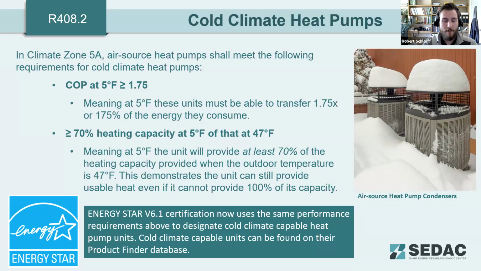So if we are in climate zone 5A, which would be Northern Illinois or Chicago, air source heat pumps shall meet the following requirements as cold climate heat pumps. So the unit must have a COP at 5 degrees. That 5 degrees is the exterior temperature. The unit must have a COP of equal or greater than 1.75. So this essentially means that if the outdoor temperature is 5 degrees, the unit must be able to transfer at least 1.75 times the amount of energy they consume.